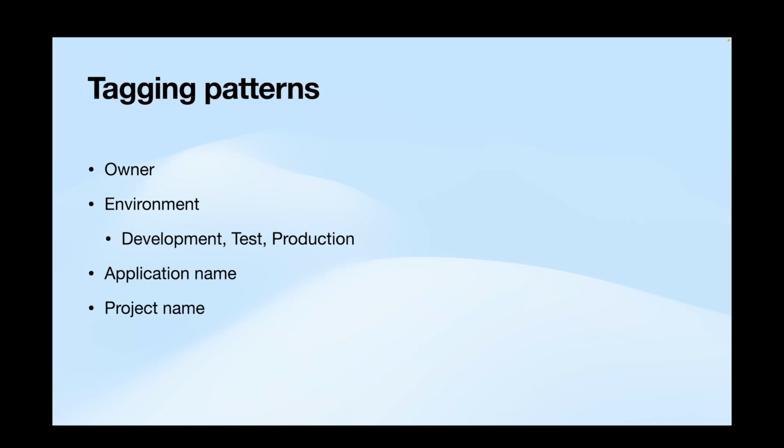So if you have a big organization, you might have multiple applications in your project. Similar for the project. Your organization might have multiple projects. So under that one project, you could have multiple different applications also running under that.